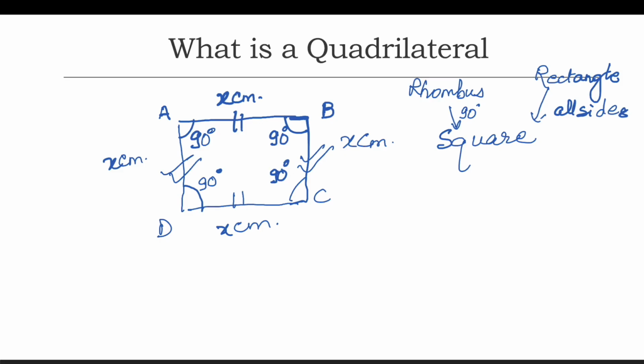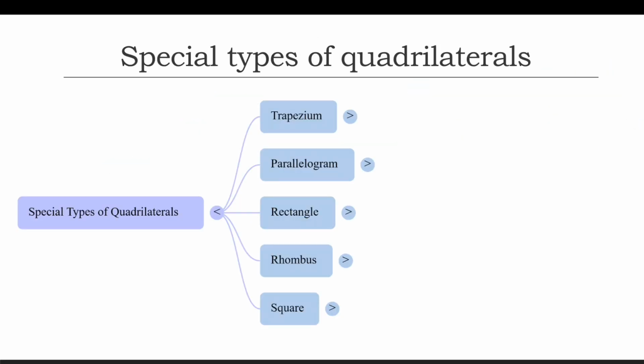In a rectangle, opposite sides are equal. Only if all sides are equal, it becomes a square. So we saw three different types of special quadrilateral which come out of our parallelogram itself. So that's what we have seen.